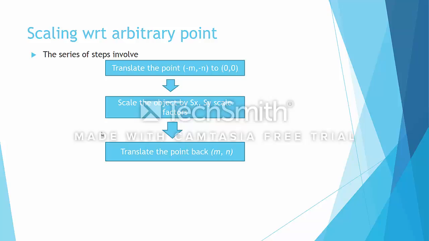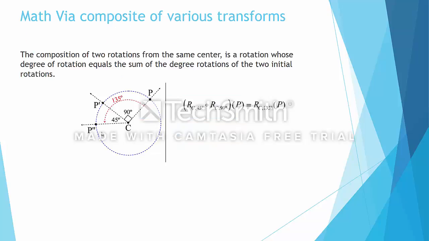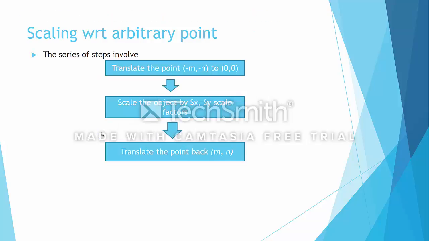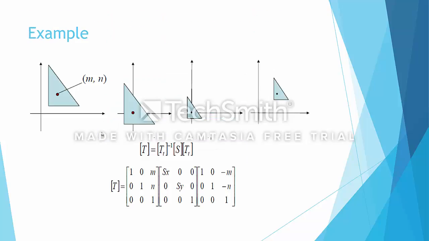A vector that is the sum of two or more non-zero vectors belonging to different eigenspaces will be tilted towards the eigenspaces with larger eigenvalues. Here is an example of scaling with respect to an arbitrary point.